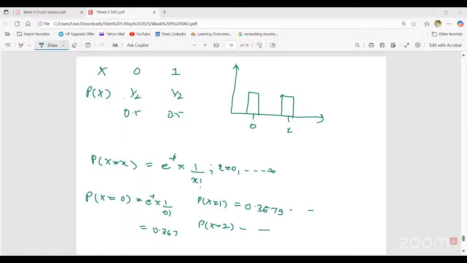Can you explain the formula C into lambda to the power i by i factorial? What does it mean? I saw this formula in lecture 9.4, PMF properties. Okay, let me just check it. They've just given you the PMF, right?